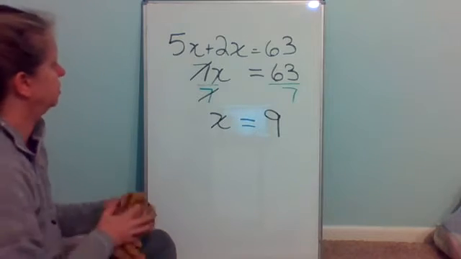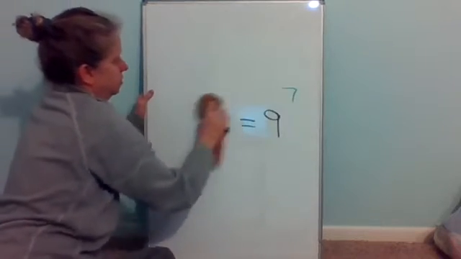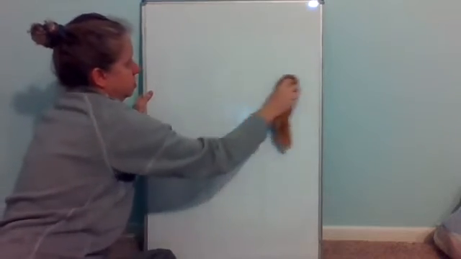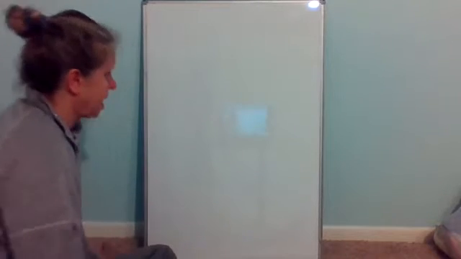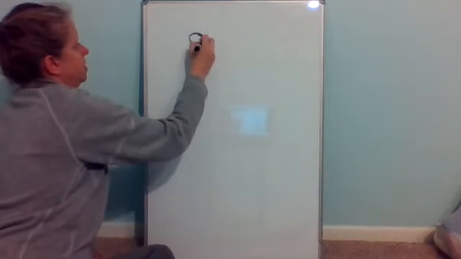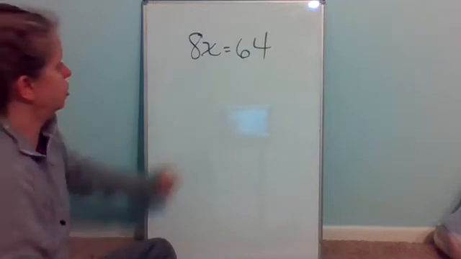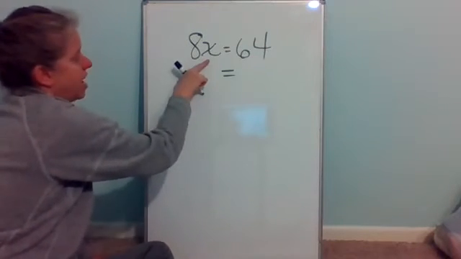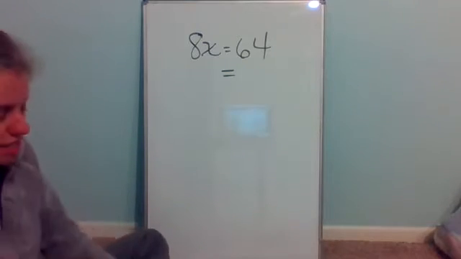Right, number 9. 8x equals 64. Again, from early on, if here's my equal sign and I'm trying to get x by itself, the only thing that needs to go away is that 8.